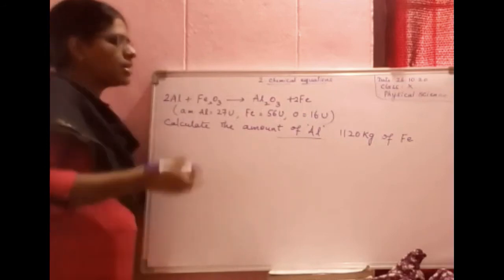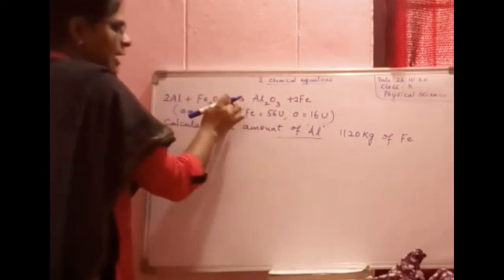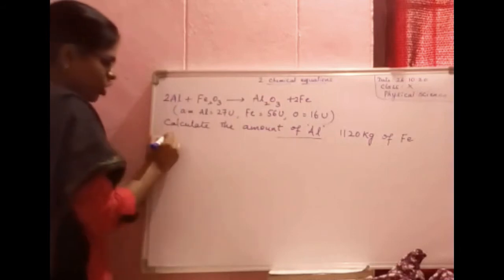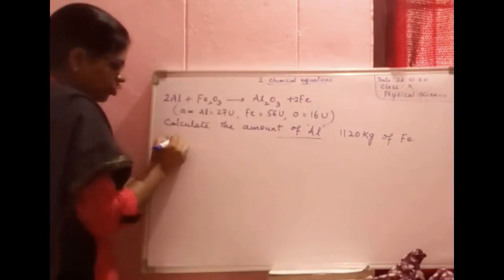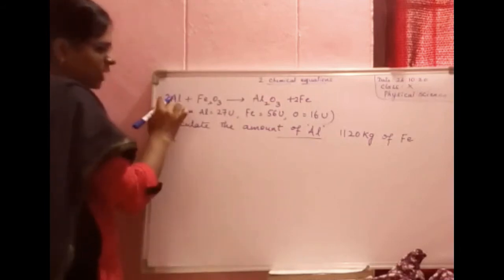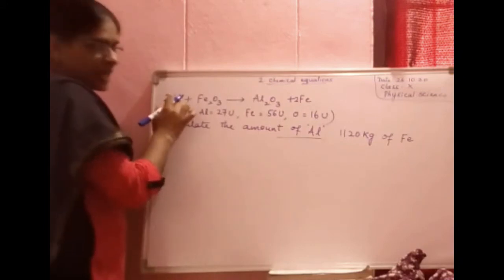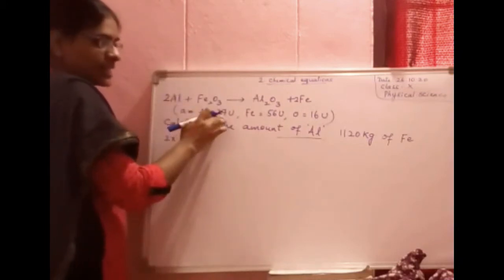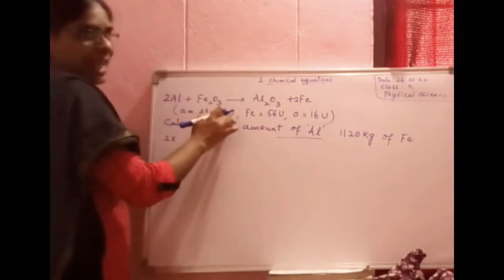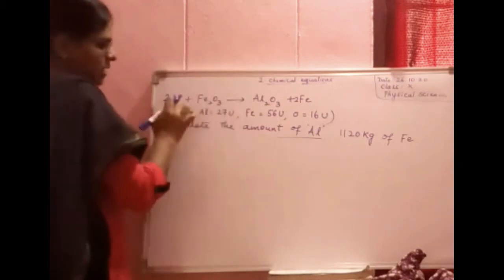Next, from this reaction, look at here, 2 into aluminium. Aluminium's mass is given as 27, which means grams, unified mass.